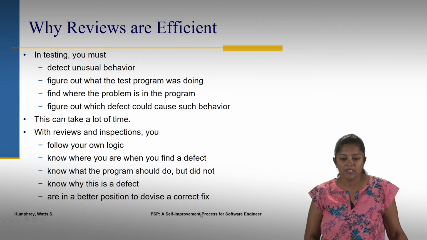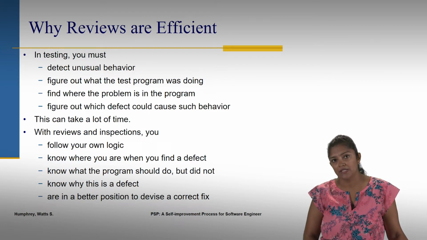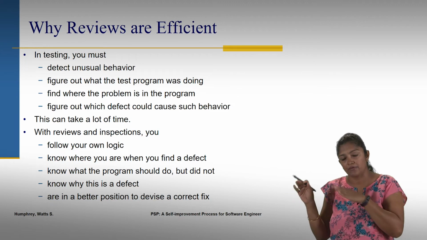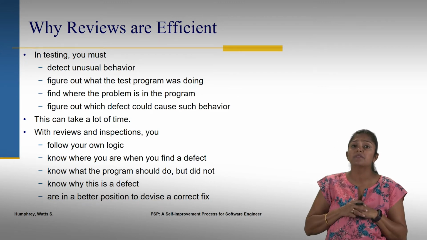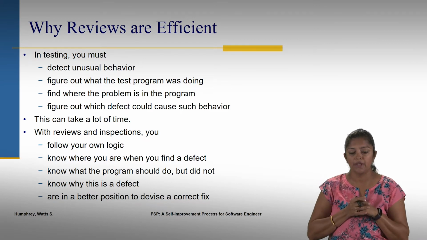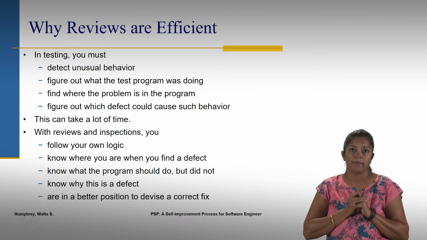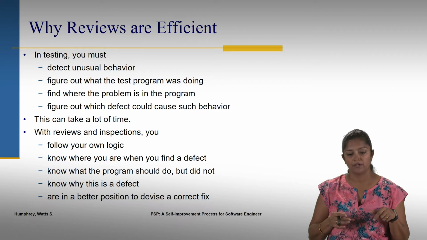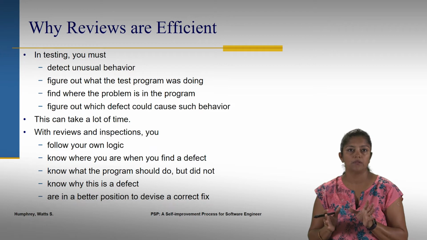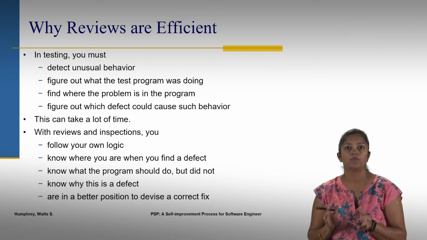Now in testing, the reason why reviews are more efficient is because in testing we're doing it in a bottom-up manner, or in a reverse direction, because our goal is to run the system and look for any unusual behavior, and then if unusual behavior is found, we look into the program to figure out where the problem might be, or what could be causing that behavior.